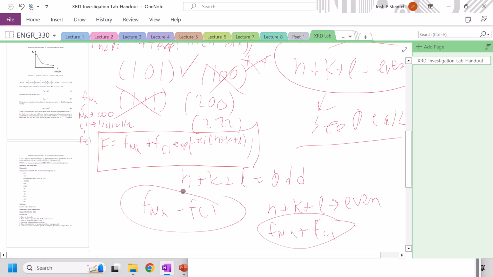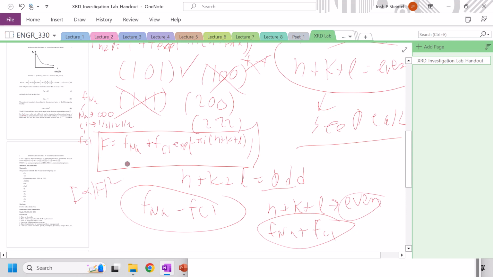So you're going to have lots of different allowed, quote unquote, hkl indices, but the difference is going to be in the magnitude. If you see this common pattern where h plus k plus L odd is smaller and even is larger, these are superlattice structures. You're going to see a difference in the magnitude of the peaks, because remember that my intensity is proportional to f squared here. So those would be your selection rules.